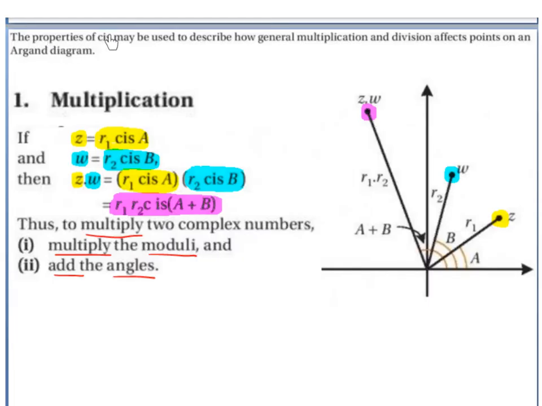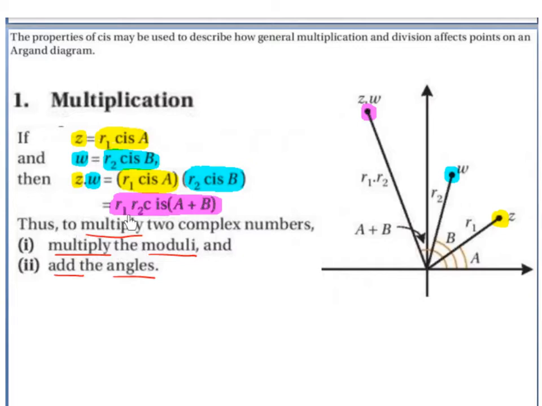The properties of CiS may be used to describe how general multiplication and division affects points on an Argand diagram. Multiplication. If Z equals r1 CiS A and W equals r2 CiS B, then Z times W equals r1 CiS A times r2 CiS B, which is r1 r2 CiS(A plus B), because to multiply two CiS's we add the angles.